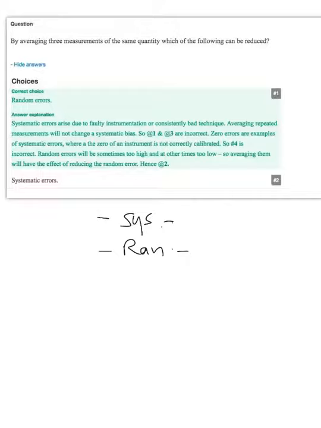For example, let's say you are measuring the period of a pendulum swing and you do it twice. You get 1.6 and you get 1.2. Your average value would be equal to 1.4. But if this is a random error, the actual effect of 1.6 on your final answer is quite heavy.